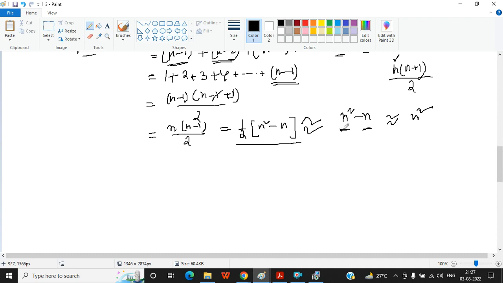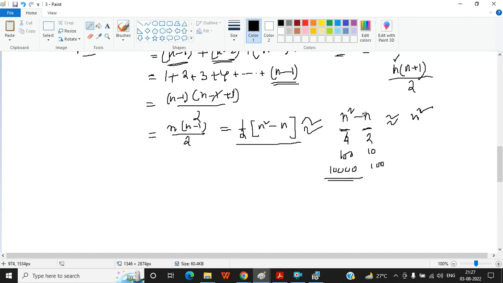Suppose the value of n is 2, then this will be 4 and this will be 2. If the value of n is 10, then this will be 100 and this will be 10. If the value of n is 100, then this will be 10,000 and this will be 100. So you can see the rapid growth in this term.